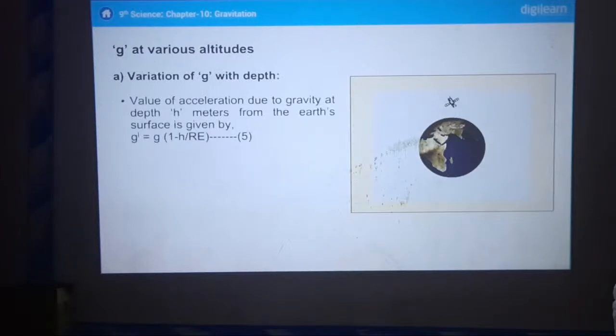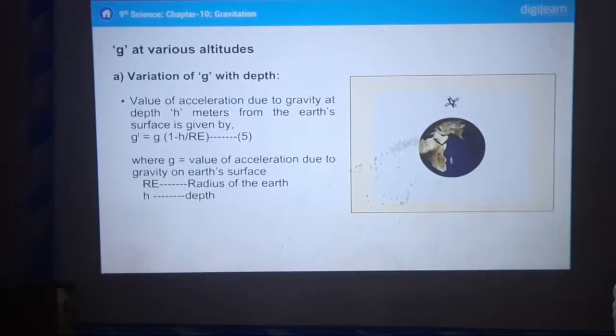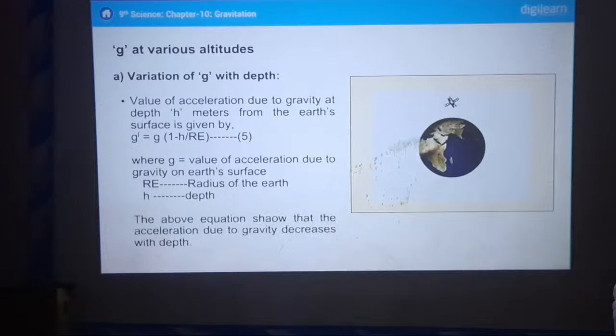The value of acceleration due to gravity at depth h meters from the earth's surface is given by g dash is equal to g into 1 minus h upon Re, where g is the value of acceleration due to gravity on earth's surface, Re is the radius of the earth, h is the depth. The above equation shows that the acceleration due to gravity decreases with depth.